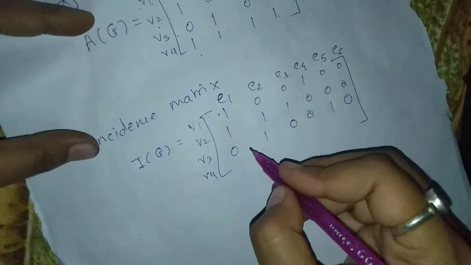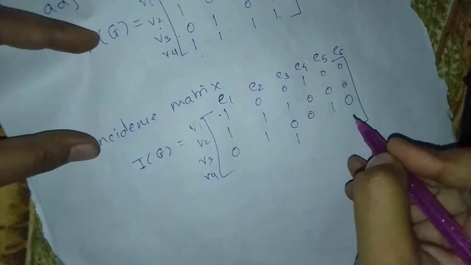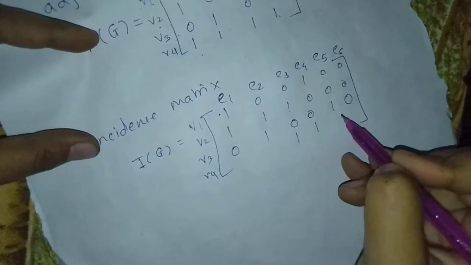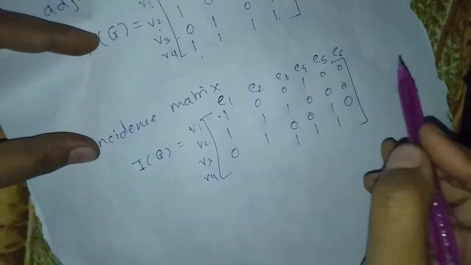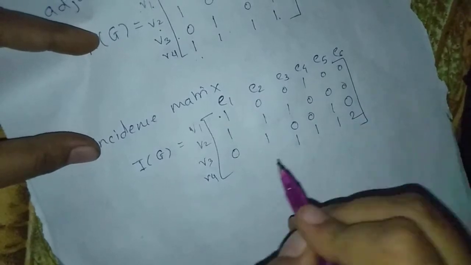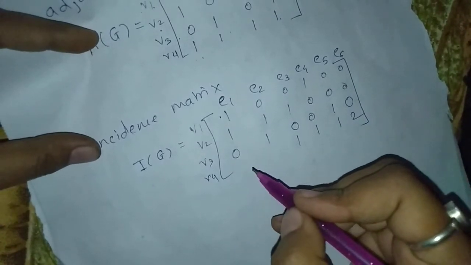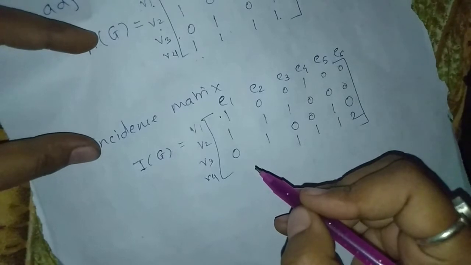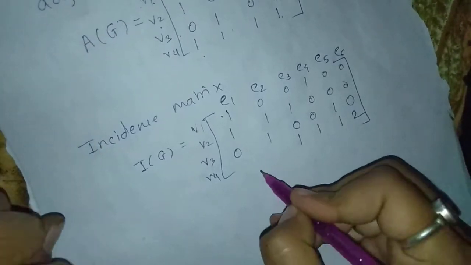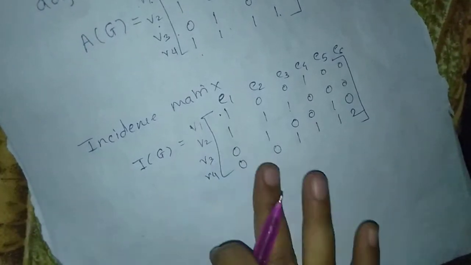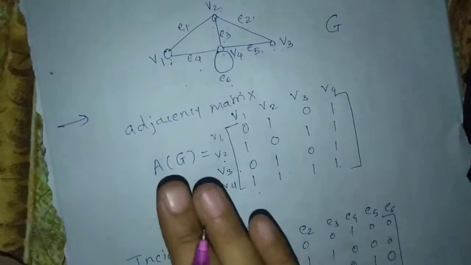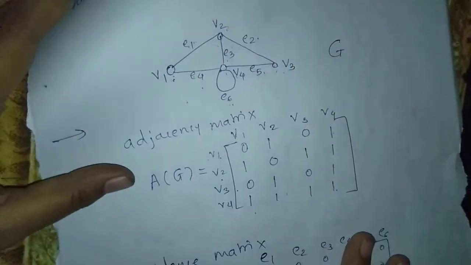Write E3 as 1, E4 as 1, E5 as 1 and for E6, 2, because in the incidence matrix we consider a loop as 2. Other entries are 0. So this is the incidence matrix and this is the adjacency matrix.